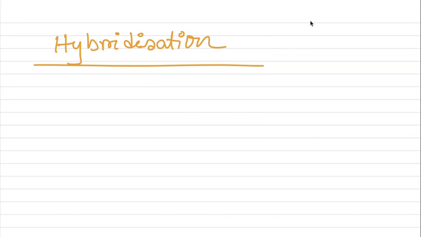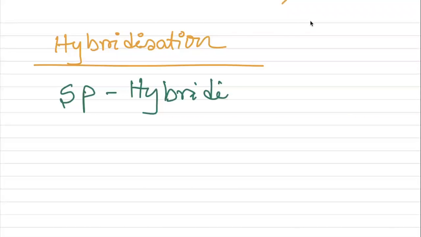So the first one is sp hybridization. That means one s orbital and one p orbital will mix with each other and form two equivalent sp hybrid orbitals.